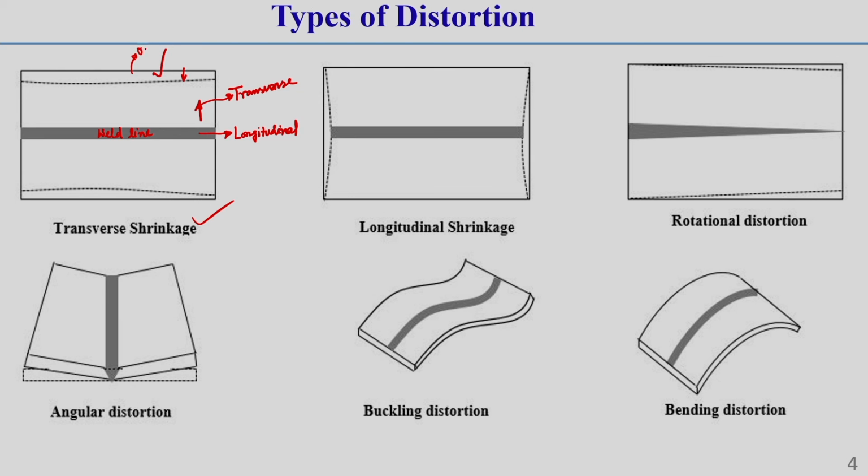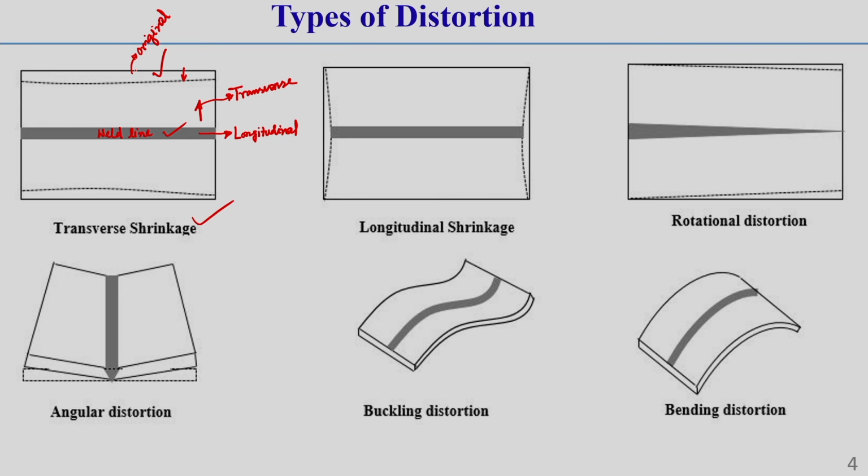After welding, due to the contraction of the weld material after solidification, there is some shrinkage of the original plate. Due to this, the shape or size changes. The solid line represents the original shape, and after shrinkage this is the final shape.